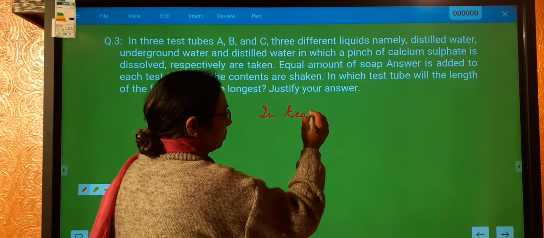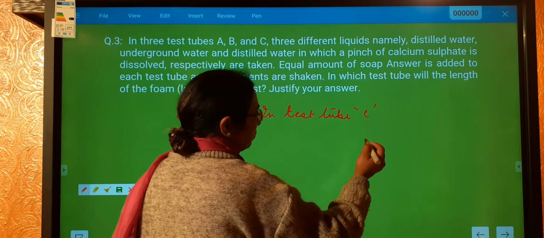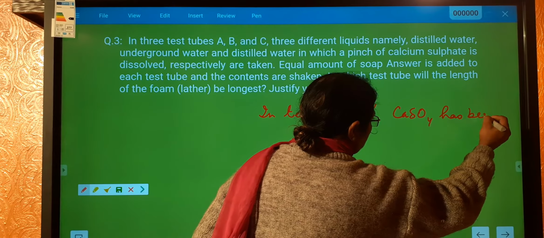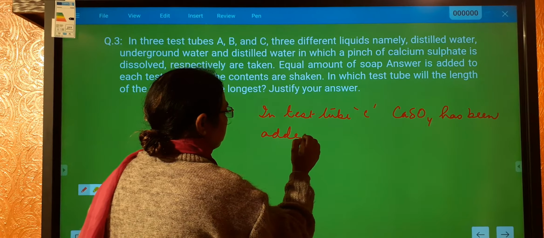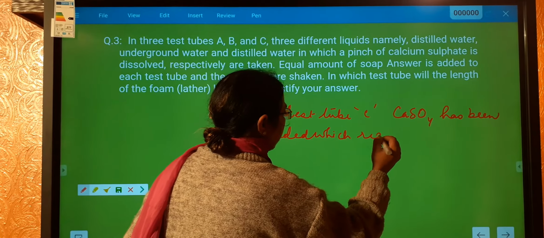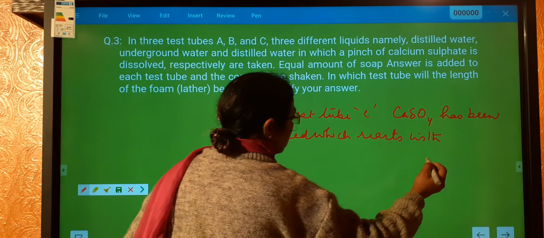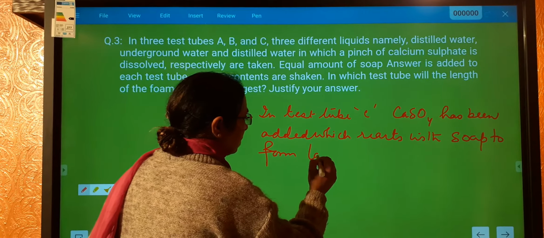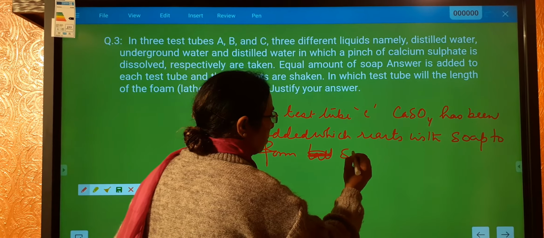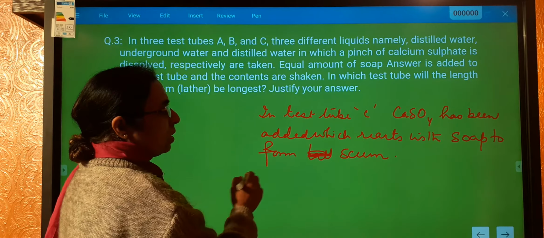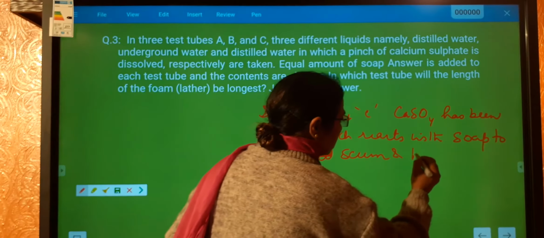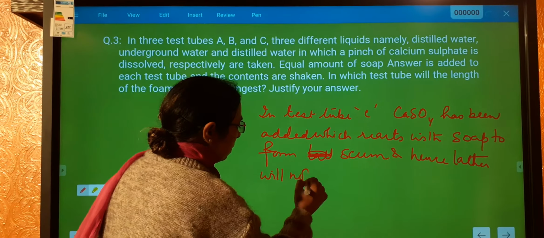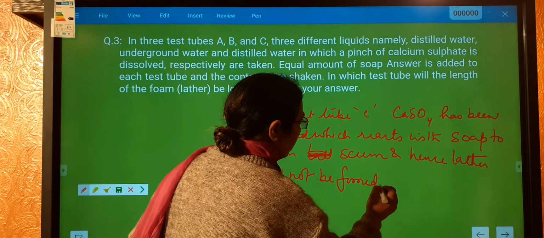In test tube C, calcium sulfate has been added, which reacts with soap to form scum, and so this will not form lather, and hence lather will not be formed.